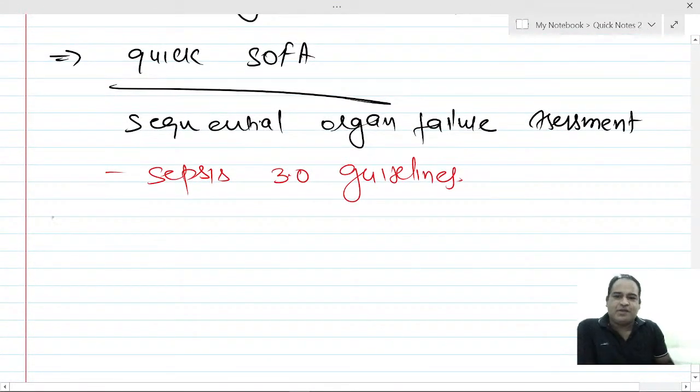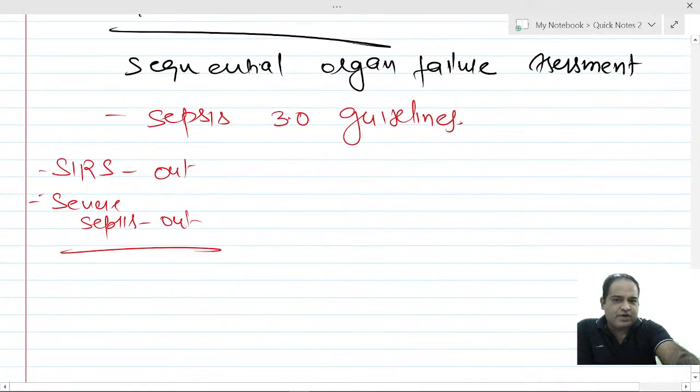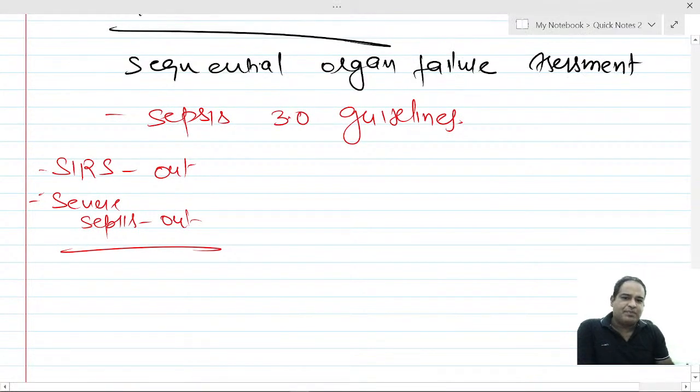After the Sepsis 3.0 guidelines, the word SIRS is out, no longer used. The word severe sepsis is out, no longer used. We are talking about septic shock.